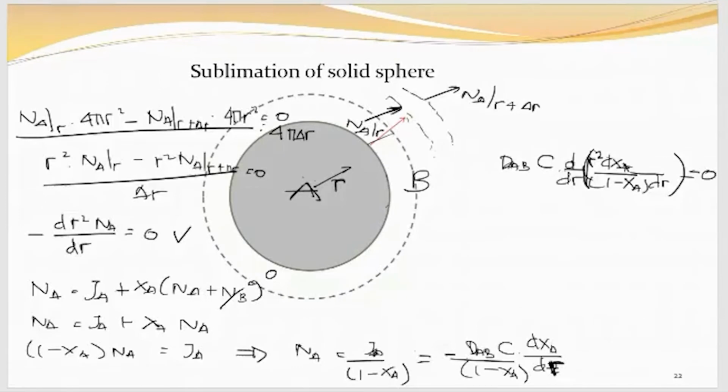Okay, now because the DAB and C are constants, let me rewrite the equation. Like this.